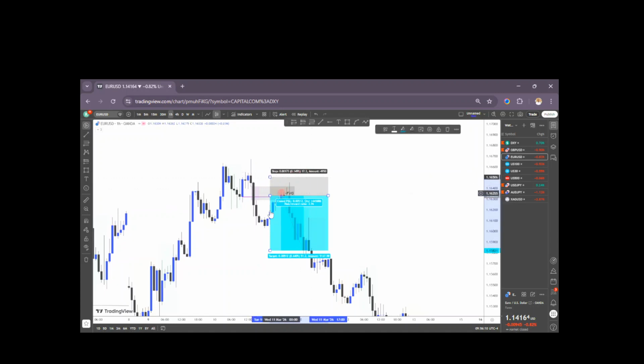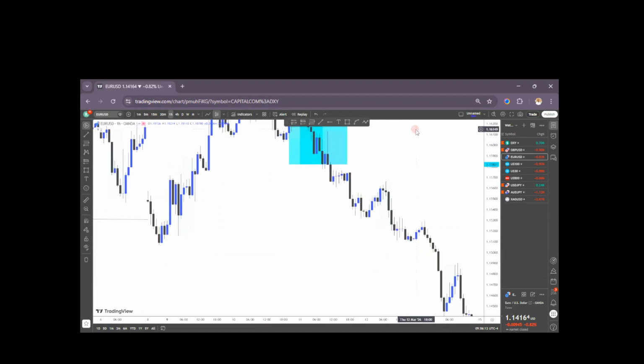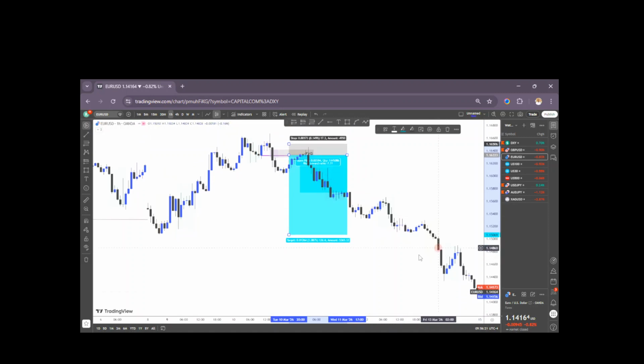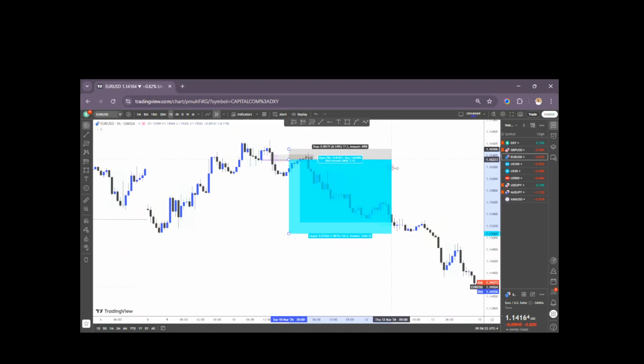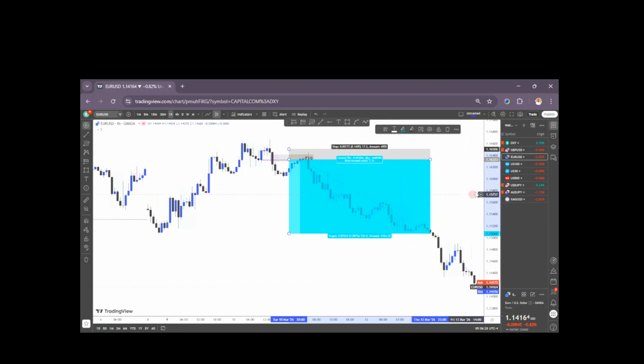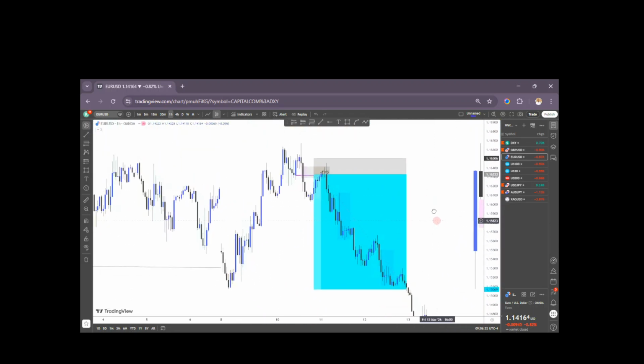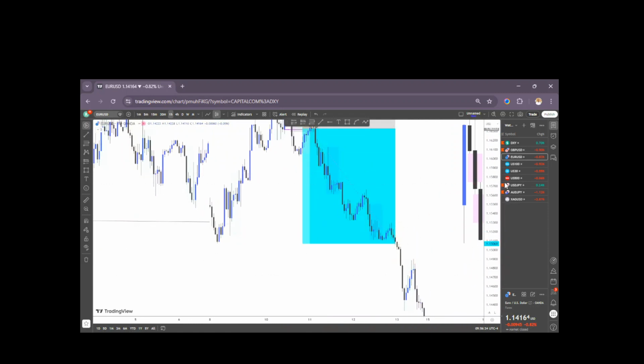And then I was aiming for the next draw on liquidity, which is this sell side liquidity, these lows here. And you can see price melted to our target, and we took our profit. And price continued even lower.